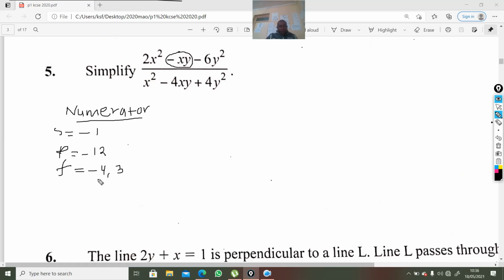I place them there so that I could have numerator to be 2x squared. Now instead of this, I replace with minus 4xy, then plus 3xy, then minus 6y squared.